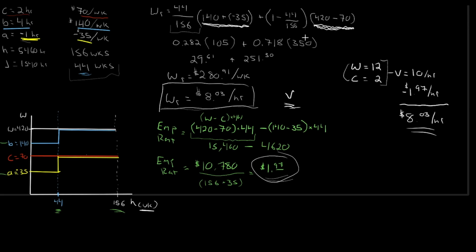Let's take a look at where we go from here, because great, we found this reservation wage. That is the minimum amount you have to pay me in order to consider entering the market, the minimum amount to not choose to be unemployed instead. But the question is, is that enough for me to actually do work?